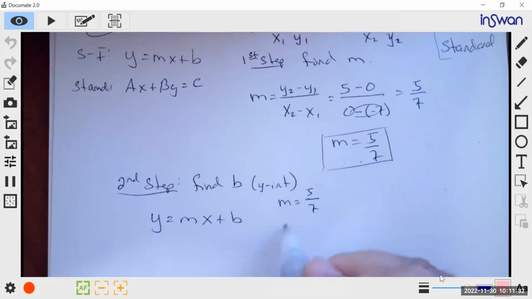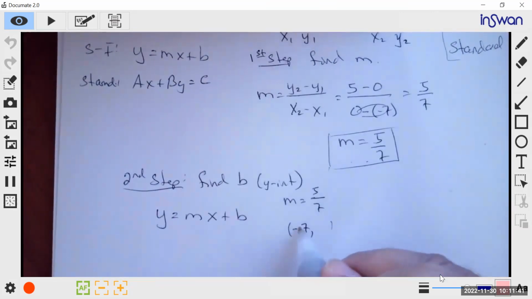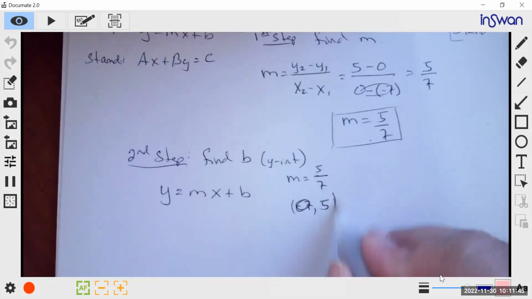Now we need an x and y, so we pick one point, either of those 2 points. I like the first one. Actually, let me do the second one. I like the second one, 0, 5. I'll show you why in a second.